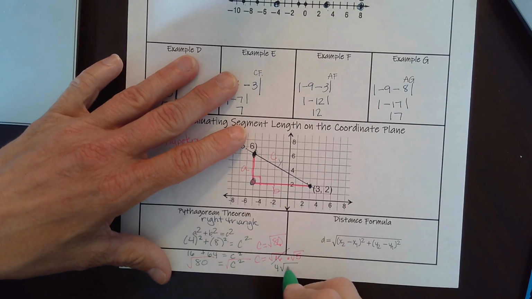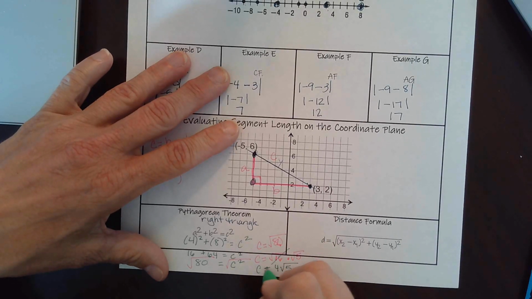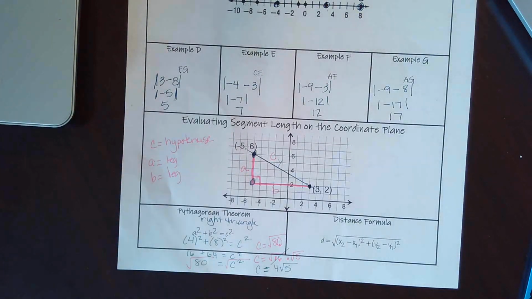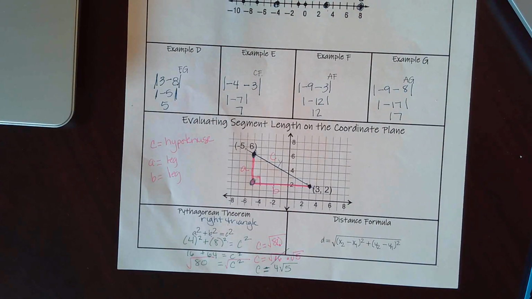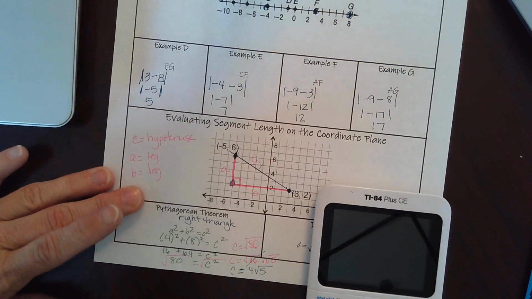And 5 is not a perfect square, so the value of c is equal to 4 on the square root of 5. Now if I were to put that in my calculator, let's see what that would be as a decimal. I'm going to pull in my calculator.